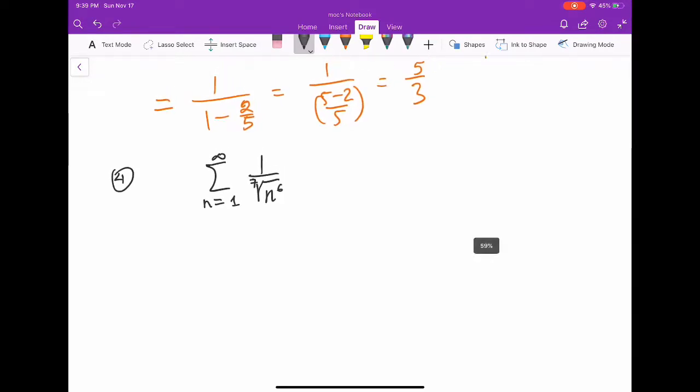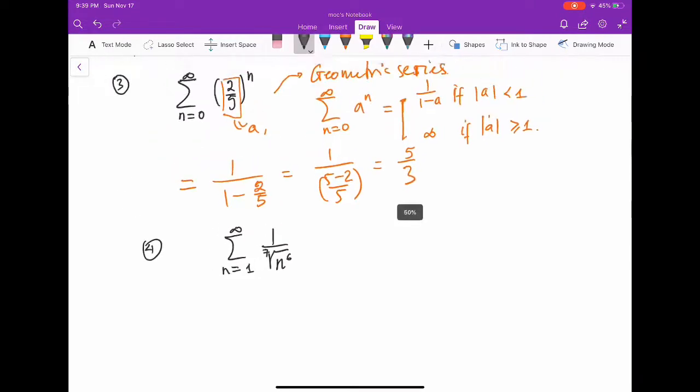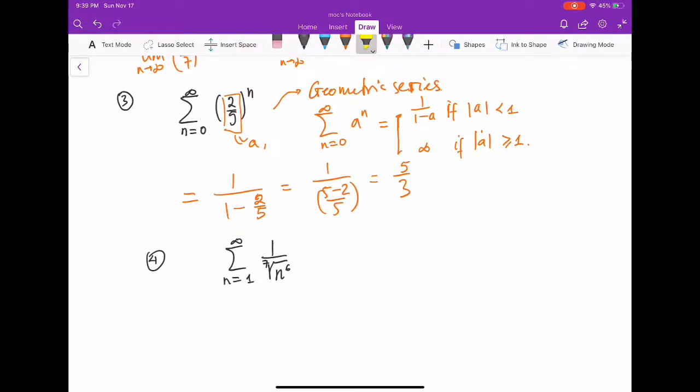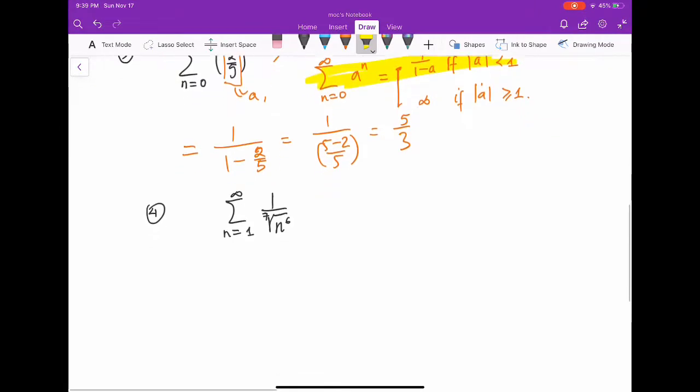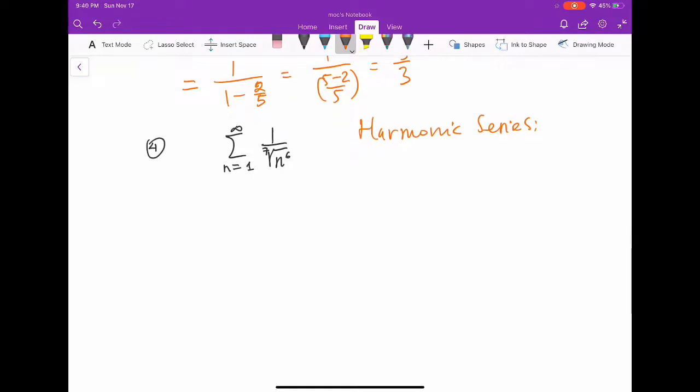All right, in this topic, we have two basic series. The first one is the geometric series, that's what we did in the previous example. And the second important series is the harmonic series. How does it look?